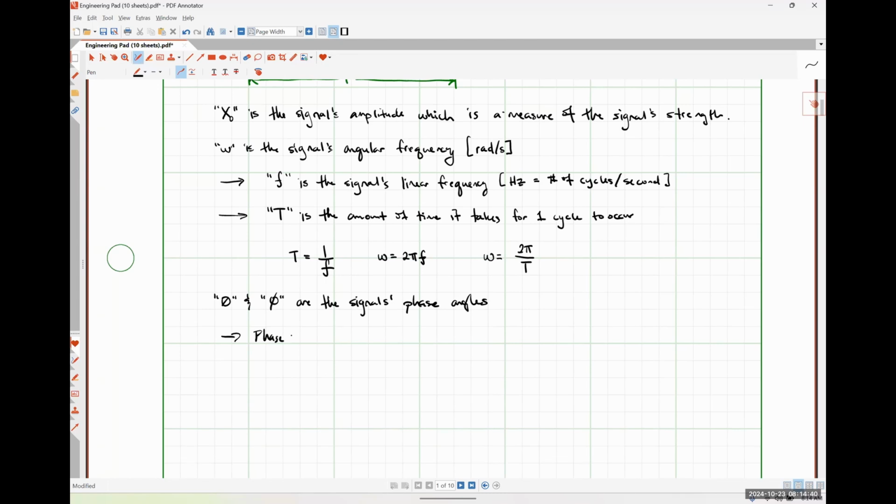So a phase angle is a measure of how delayed or advanced our signal is compared to a pure sinusoid.